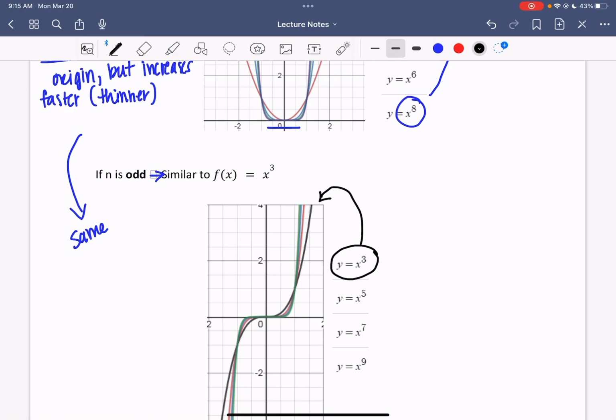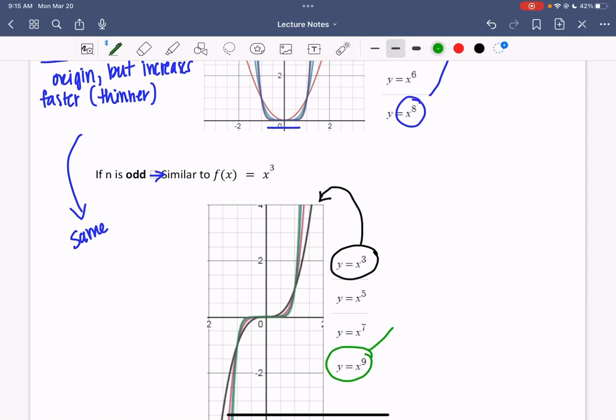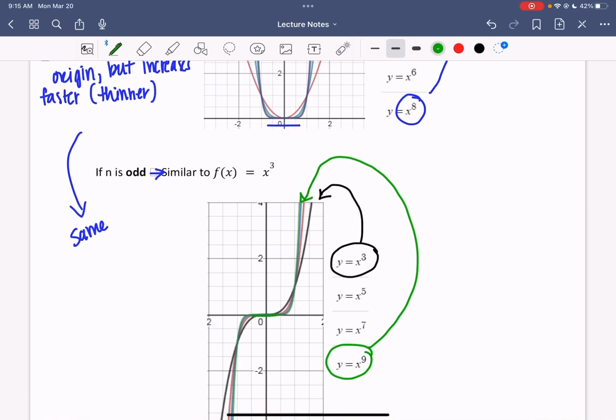And then as x is increasing in power oddly with the 5, the 7, the 9, that's where you're going to grab this green function on the inside, keeping our colors the same here. That's your x to the 9th in here. So it's going to be increasing on the outside. You can see that it's a little bit flatter in here by the origin.